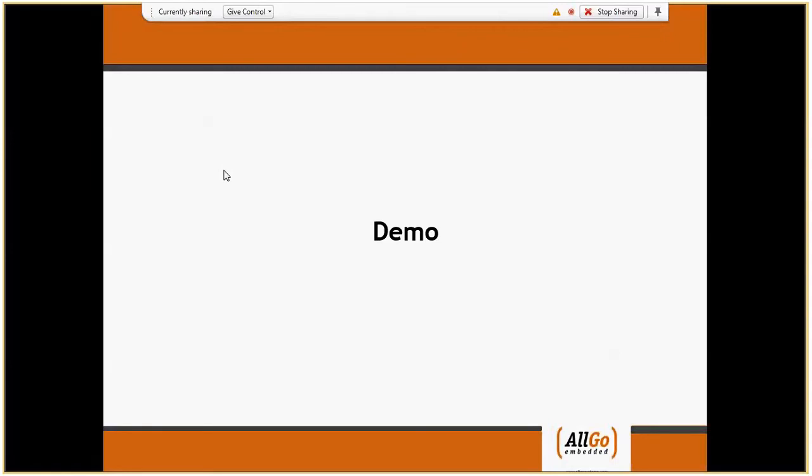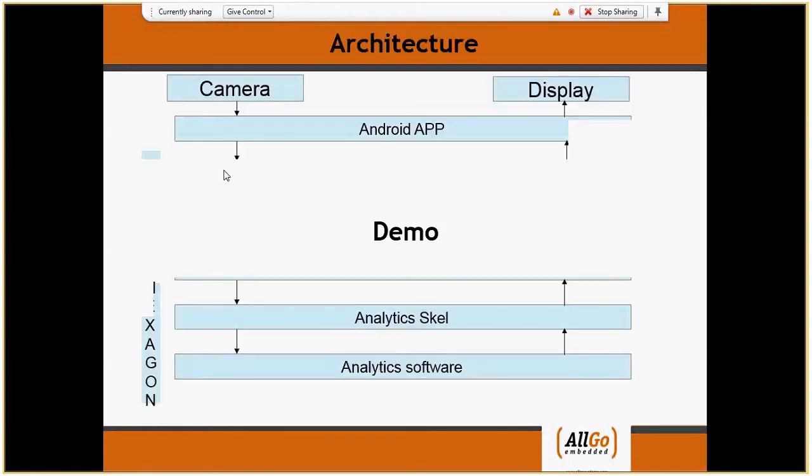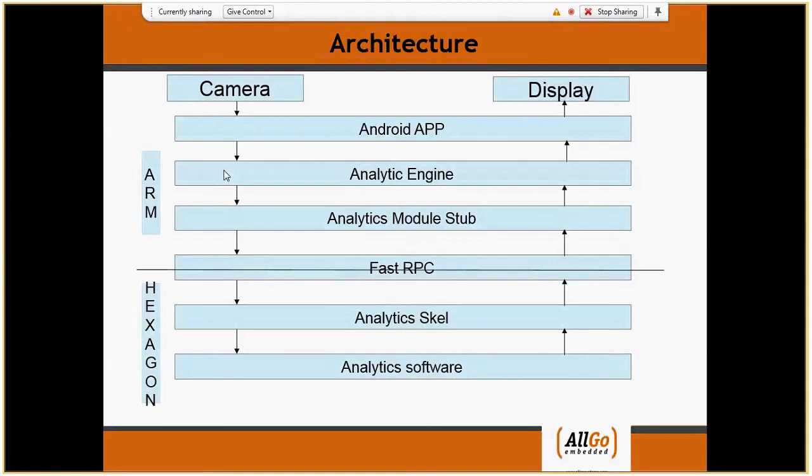Moving ahead, we'll talk about the demo we developed. If you see, there's a camera which talks to the Android app. The Android app initiates an image capture and sends it to the analytics engine.